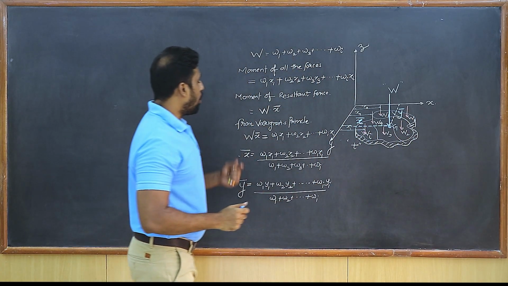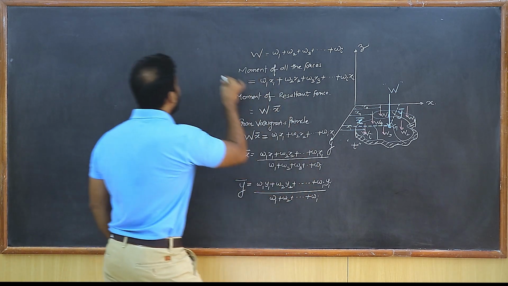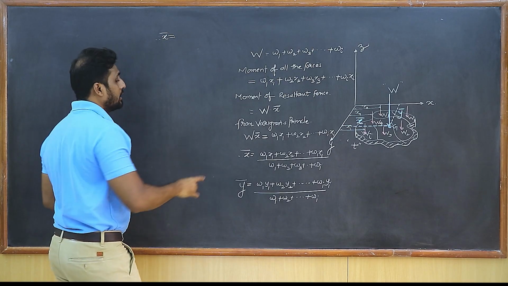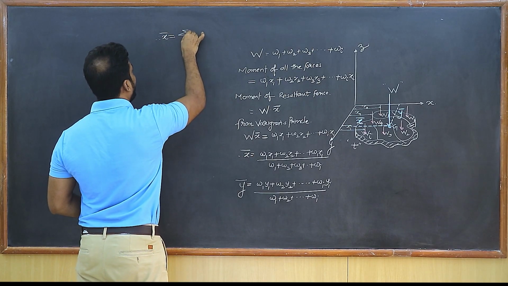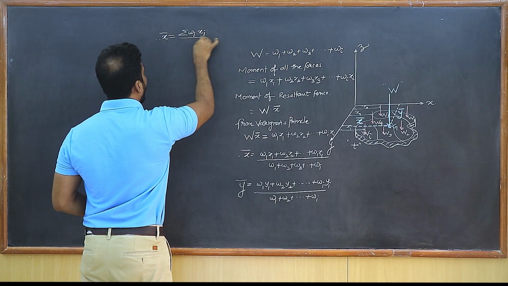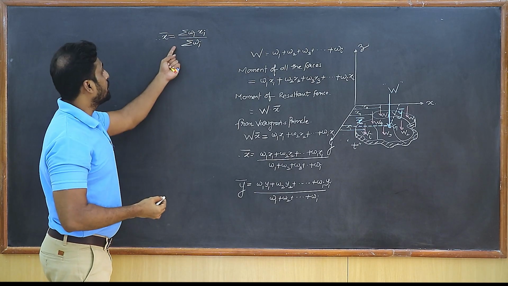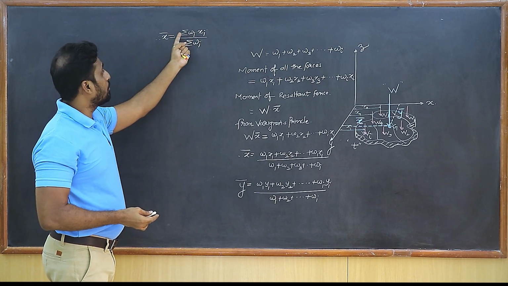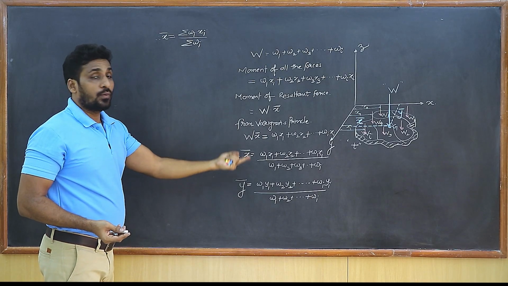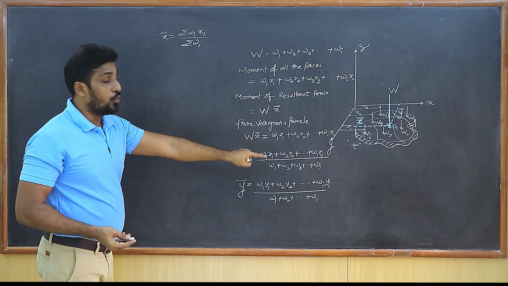So now I've got x bar and y bar. x bar can simply be written as summation of Wi into xi upon summation of Wi, which is W1 x1 plus W2 x2 and so on up to Wi xi upon W1 plus W2 up to Wi.